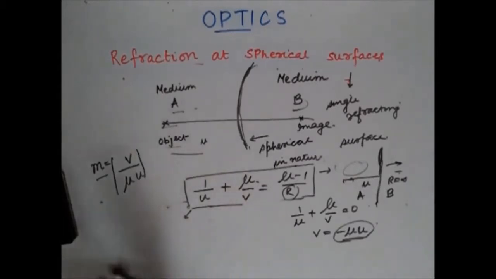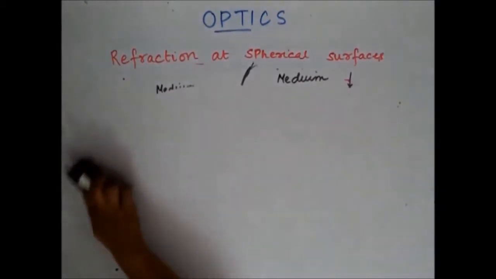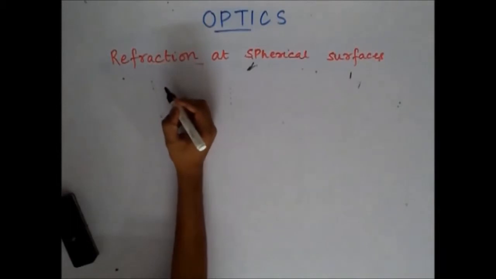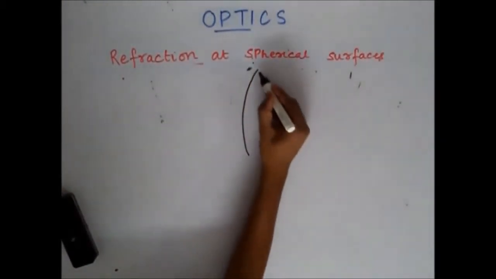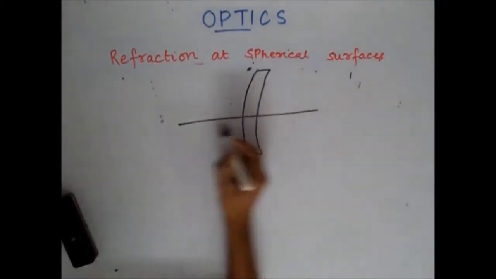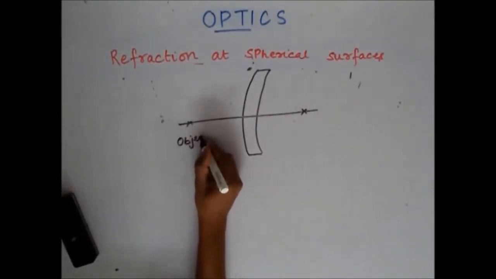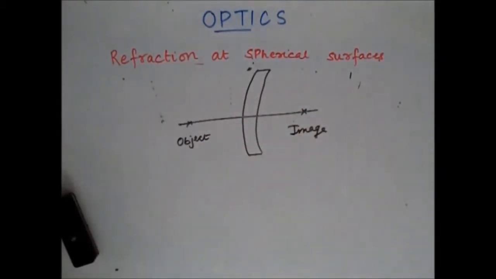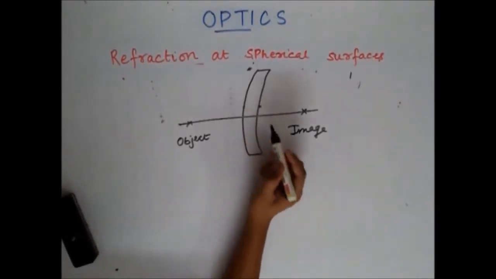Now this formula is applicable in case of a thin lens, which we'll discuss now. Till now we were discussing a single refracting surface which was spherical. Now in case of a thin lens like this, this is the object, this is the image. Here you see that there are two refracting surfaces which are spherical.